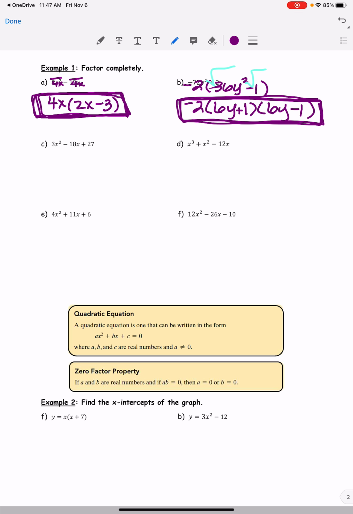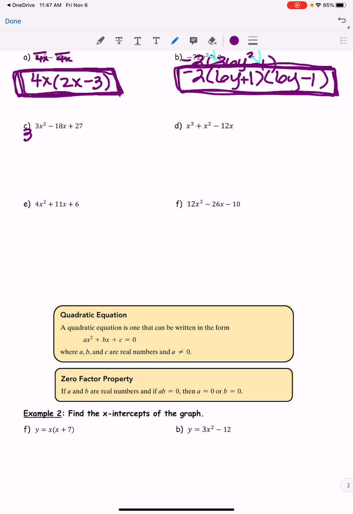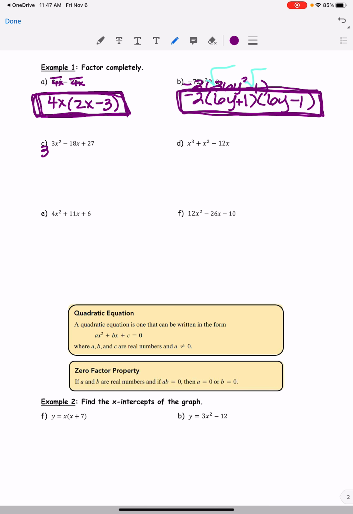Okay, on C. Always look for a GCF first. Do I have a GCF? And I do. My GCF here is 3. So once I take out a 3, divide everything by 3. And that leaves me with x squared minus 6x plus 9.